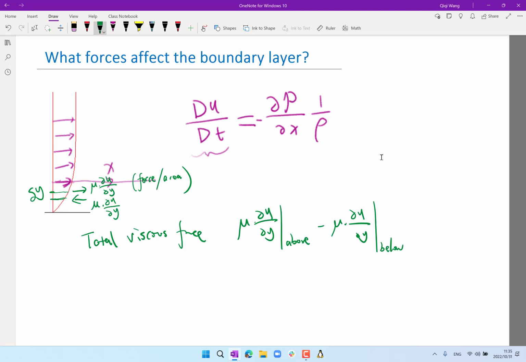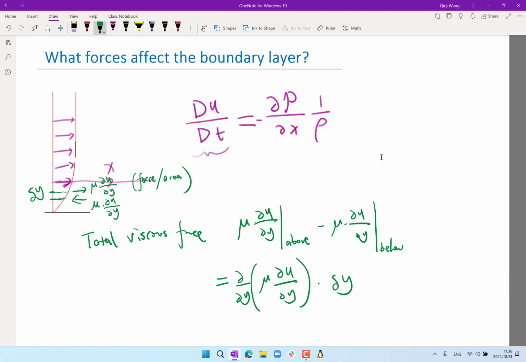Okay, so if the below and above are spaced by a small delta y, and we use calculus, what is it like? It is going to be equal to the derivative of mu du dy times this small delta y, right?